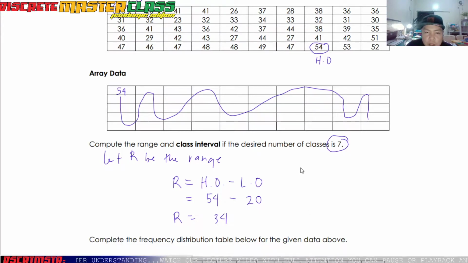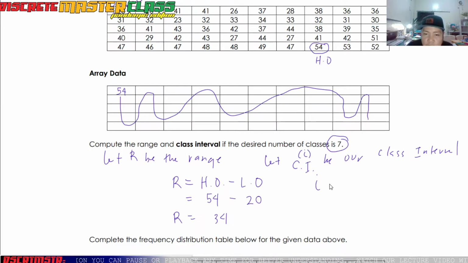Now, to determine class interval, so let Ci be our class interval. Sa class interval, ako ang gagamitin ko si I na nilagay ko naman. Okay, so to do that, let's use I na lang na maliit.